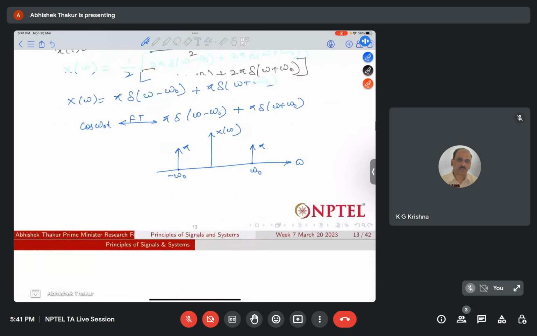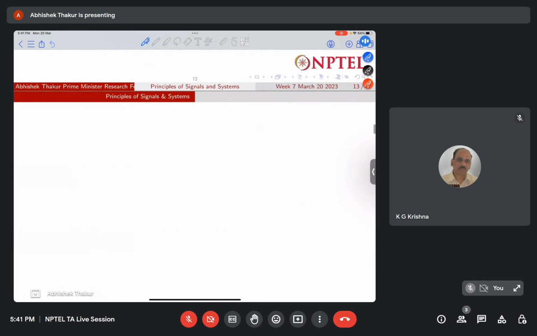And the second part, sine omega naught t, that also we can solve now. So the second part is xt is equal to sine of omega naught t. So for this, we can write sine of omega naught t as e to the power of j omega naught t minus e to the power of minus j omega naught t divided by 2j, because 2j will come in the denominator.